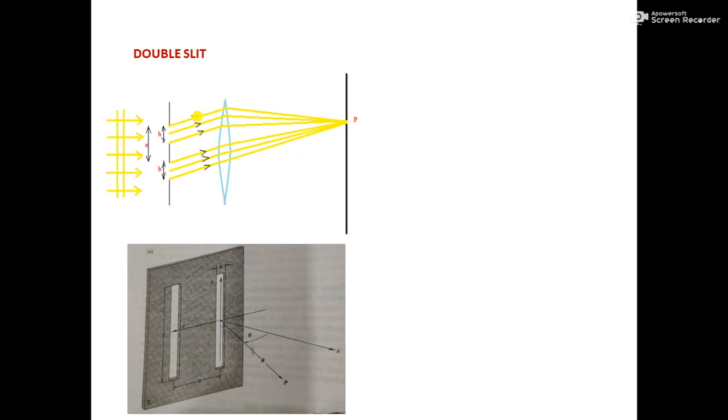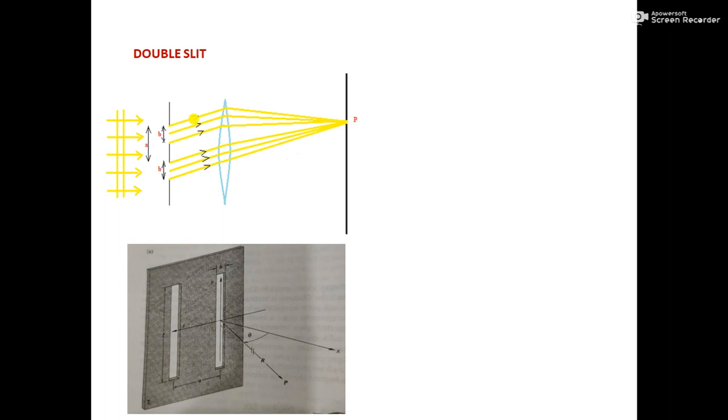But at normal incidence, the wavelets are all emitted in phase, and we know that the interference fringe at a particular point of observation is determined by the differences in the optical path lengths traversed by the overlapping wavelets from the two slits.